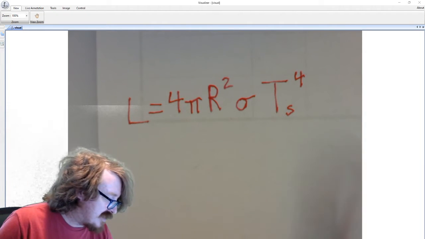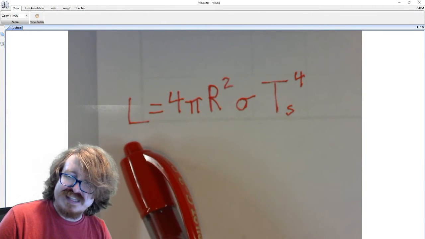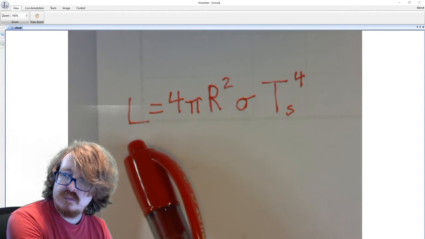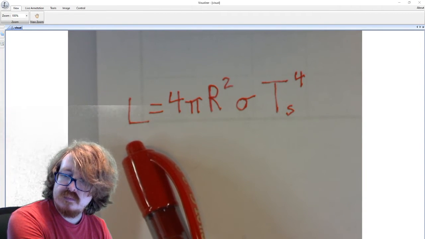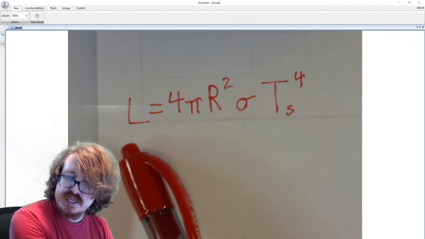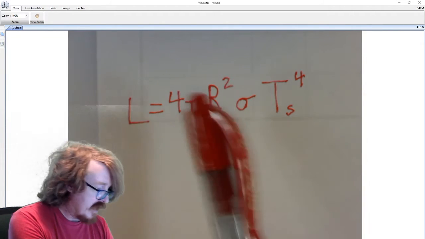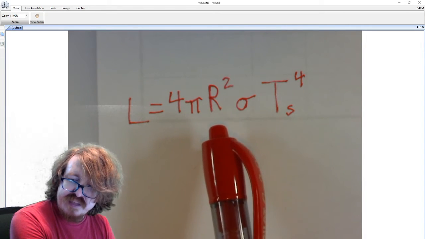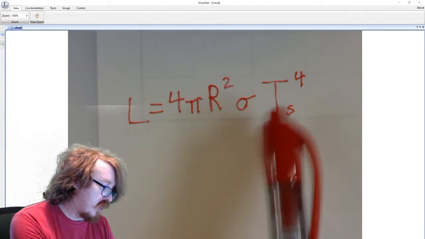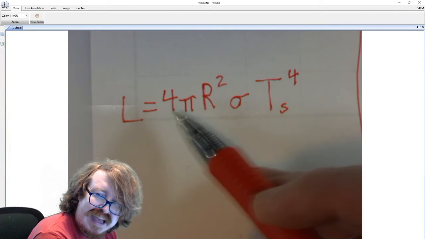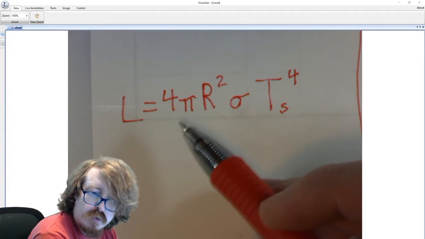Let's go through this. What does the L stand for right here? Luminosity. Correct. The R stands for radius. We just said that. And then T sub s stands for surface temperature. 4 pi, that's just a number, so don't worry too much about that.